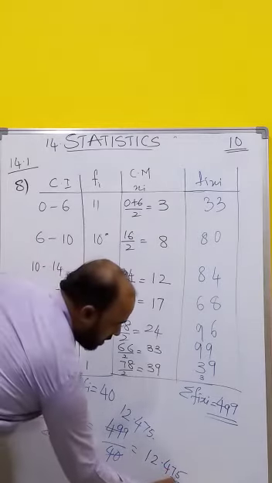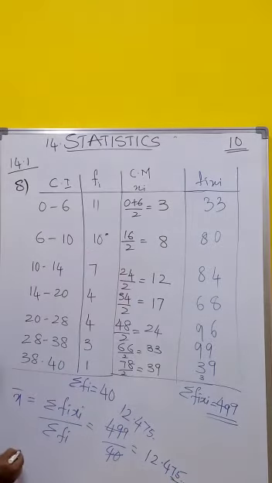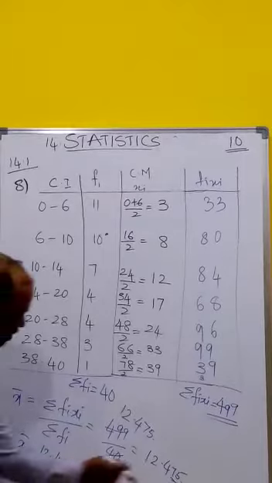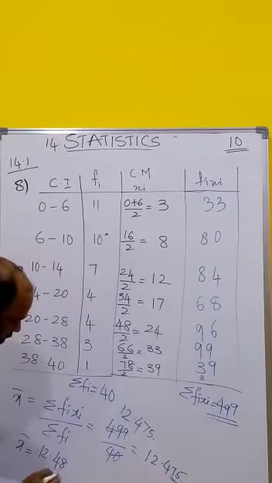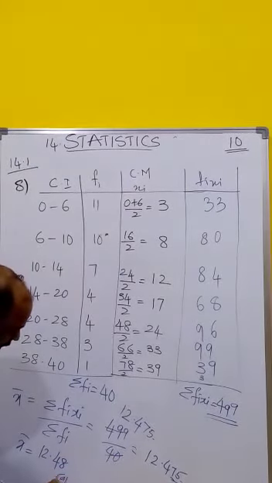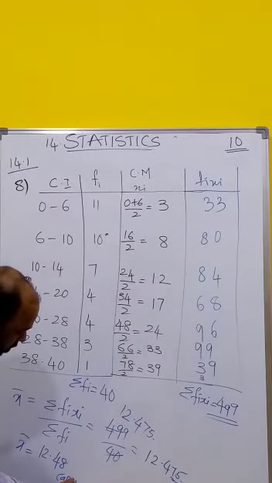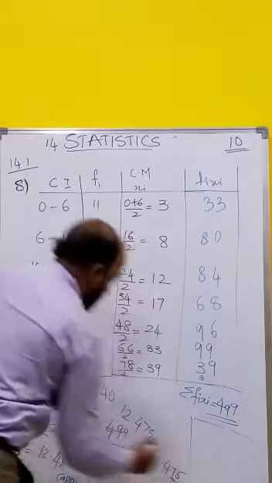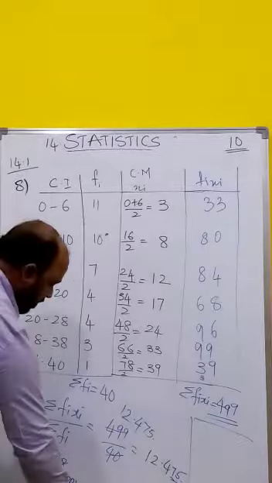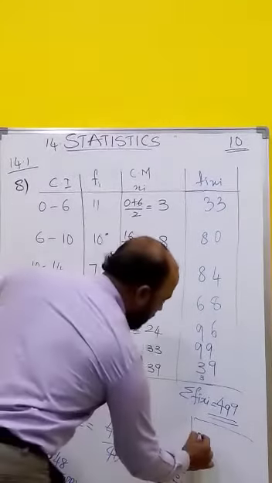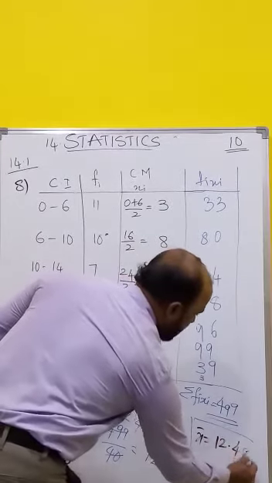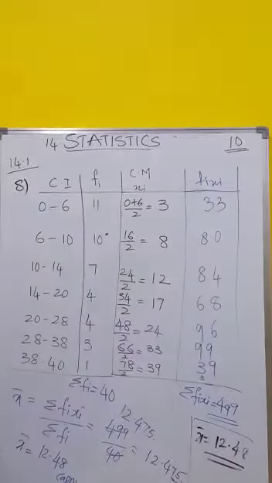This 75 is not ending, so we write x bar is approximately 12.4 with the next digit changed to 8. That is what we have to write here, the approximate value. The mean of the given data, x bar, is 12.48 approximately.